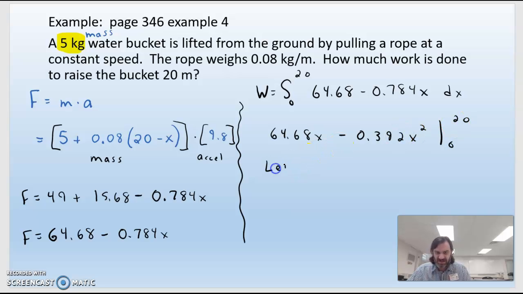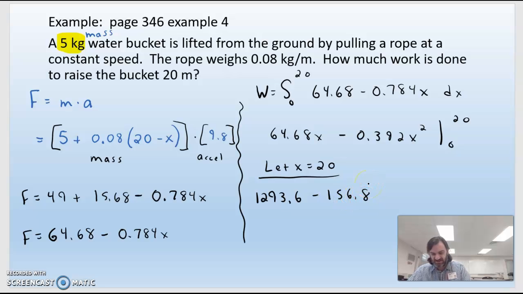And we know that when we let x equal 0, that's going to be 0. So let's just plug in our 20. When we plug in our 20, it's 20 times 64.68, which is 1293.6, and then we're going to subtract off the other part. 20 squared times 0.392, so it'll be minus 156.8.